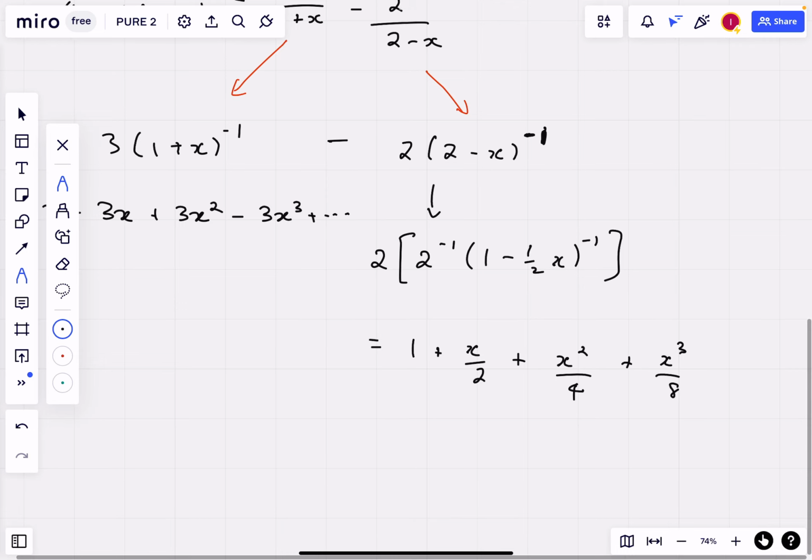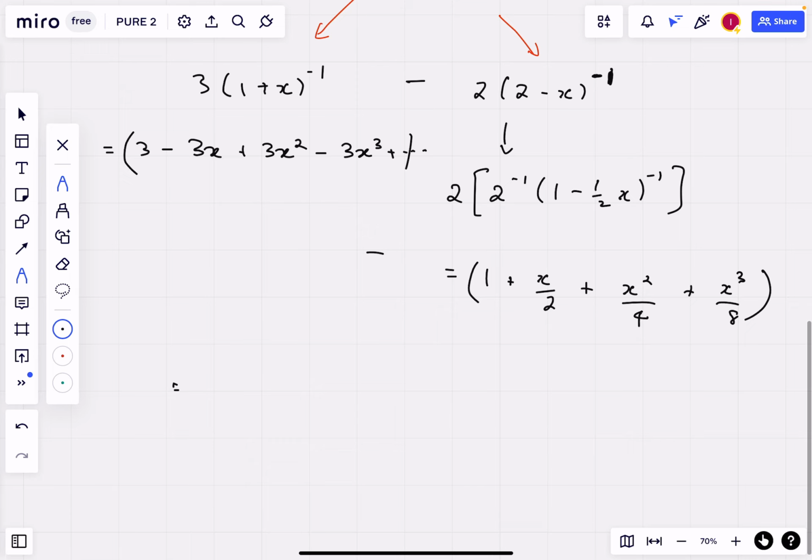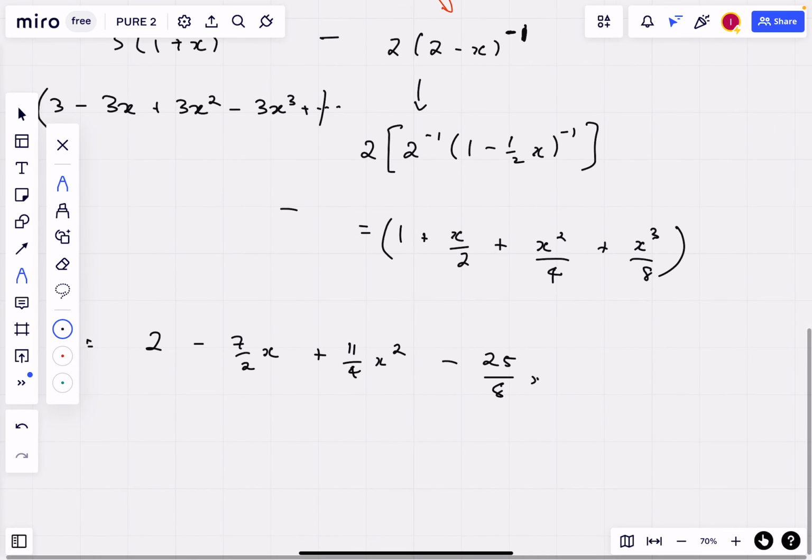So now you're doing this minus that. And you should get 2 minus 7 over 2 x plus 11 over 4 x squared minus 25 over 8 x cubed.